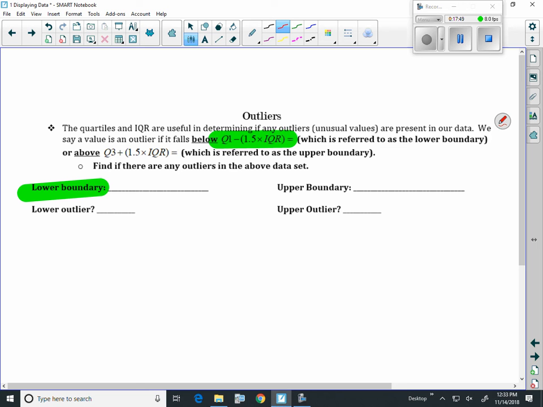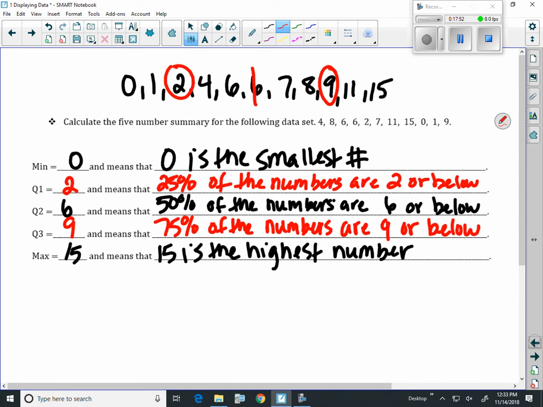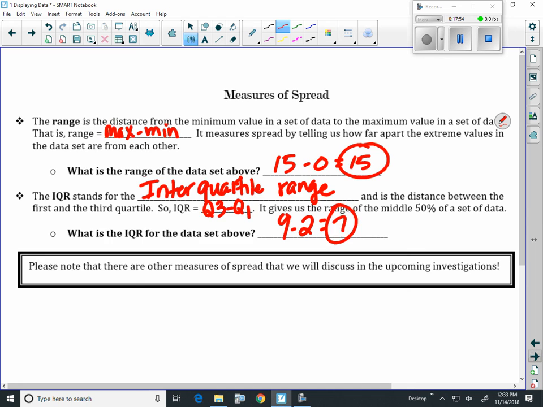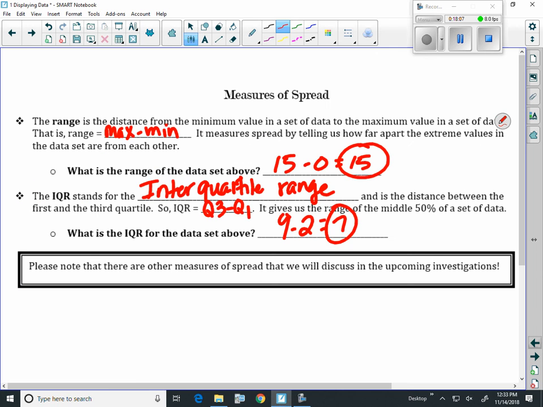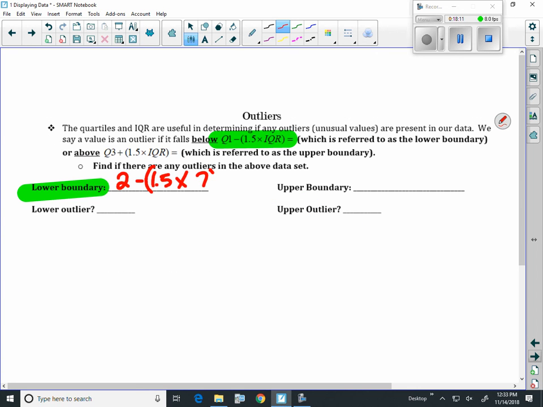What was quartile 1? 2, minus 1.5 times the IQR. What's the IQR? Right here, 7. Put that in your calculator. I'm getting negative 8.5.